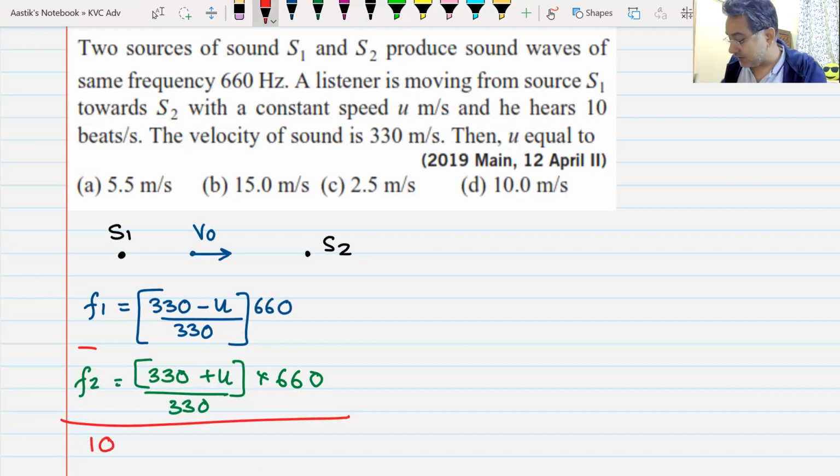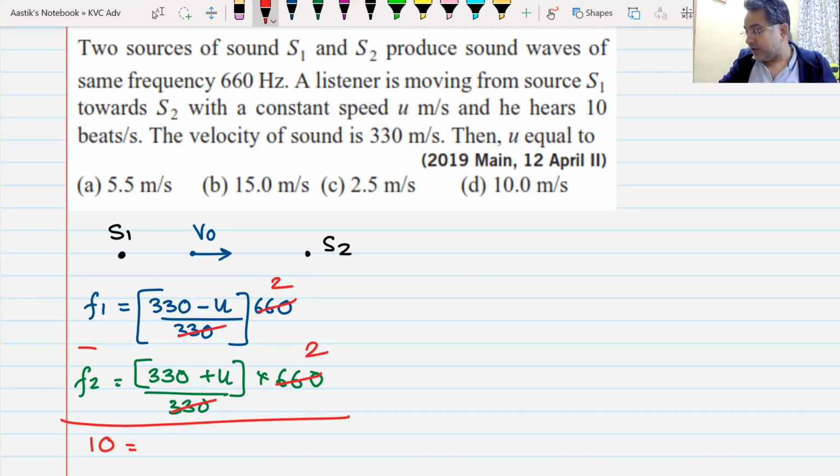From there, you can find out the value of u. This is simply 2. So you can find out the value of u, and the correct answer that is coming is 2.5 meter per second. Do we understand this? Yes, sir.